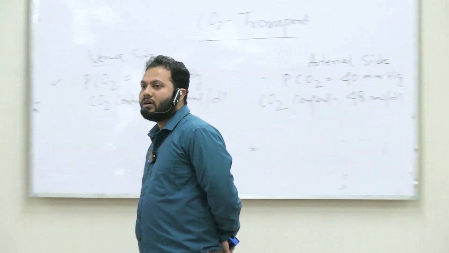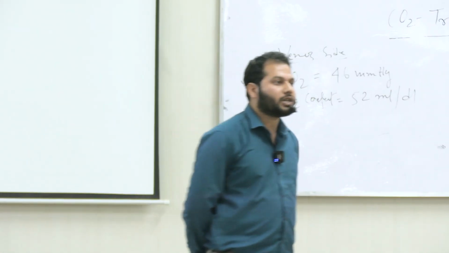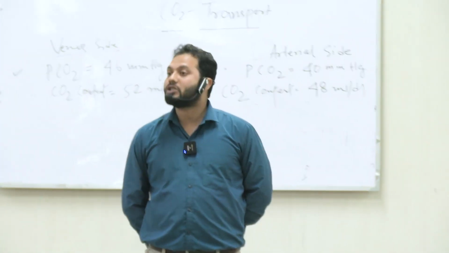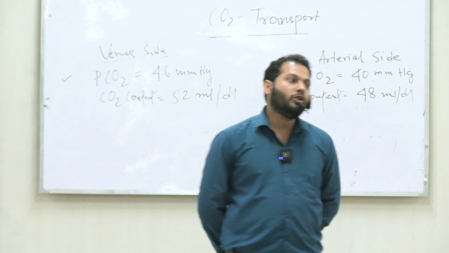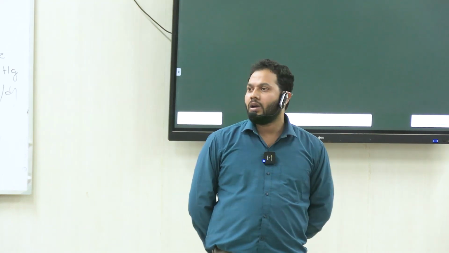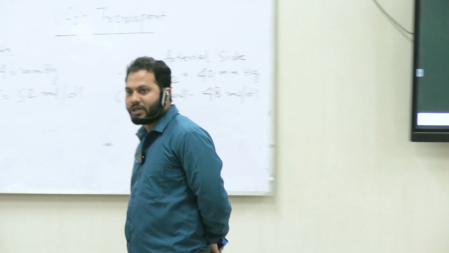Yes, 10th standard students also know these two functions carried out by hemoglobin. Other than this, if you see the structure of hemoglobin, you will find there are lots of amino acid sequences in the globin chain. And these amino acid sequences carry some negative charge.